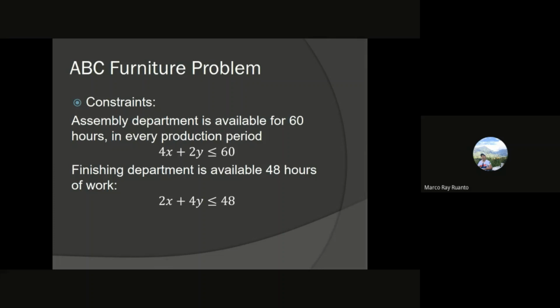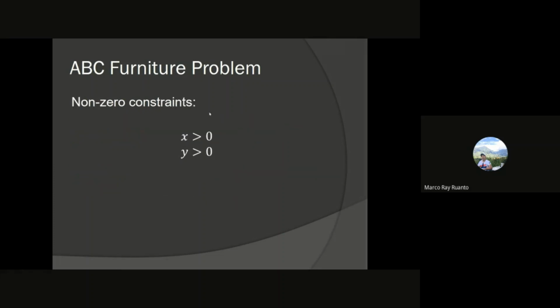So we have now defined our two constraints. Then we add our non-negativity constraints. For every linear programming model we always have non-negativity constraints, because we need to be sure that our optimal solution is positive.